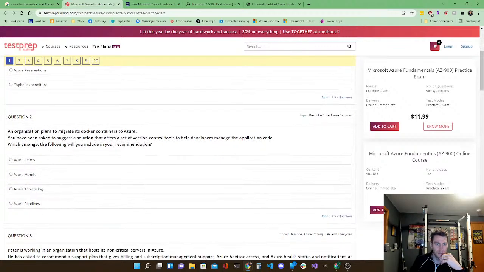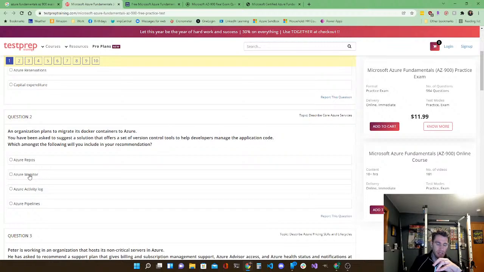Let's see here. Organization plans to migrate its Docker containers to Azure. You've been asked to suggest a solution that offers a set of version control tools to help developers manage the application code. Which amongst the following will you include in your recommendation? Azure Repos, Azure Monitor, Azure Activity Log, and Azure Pipelines. Azure Pipelines and Azure Repos are part of the Azure DevOps solution.